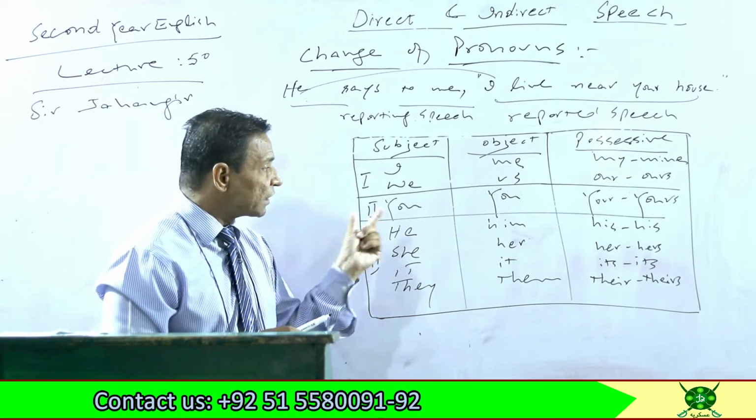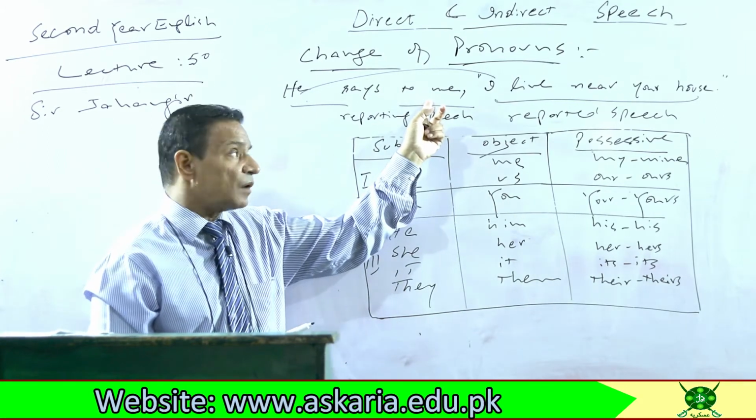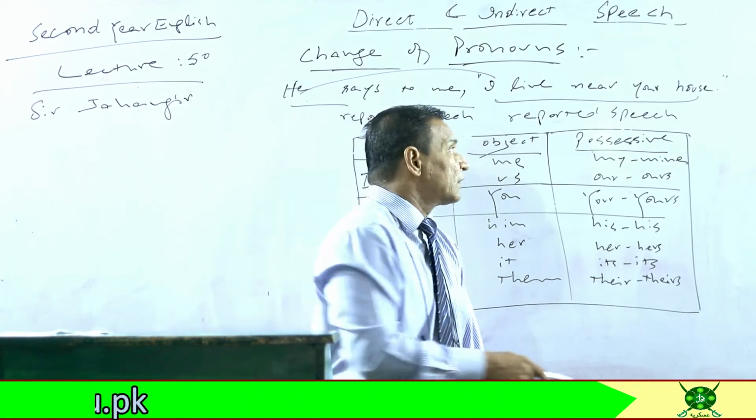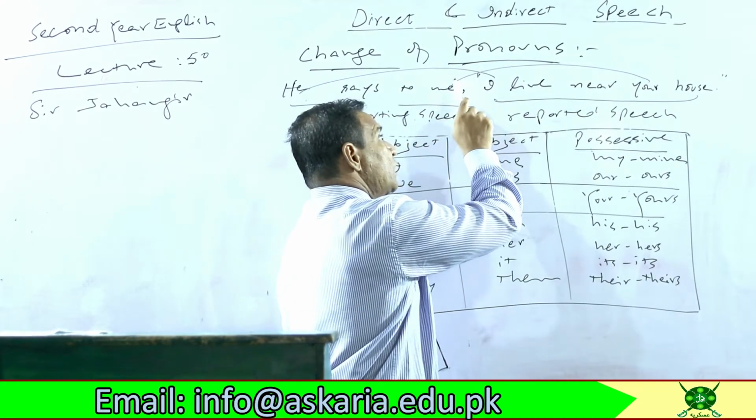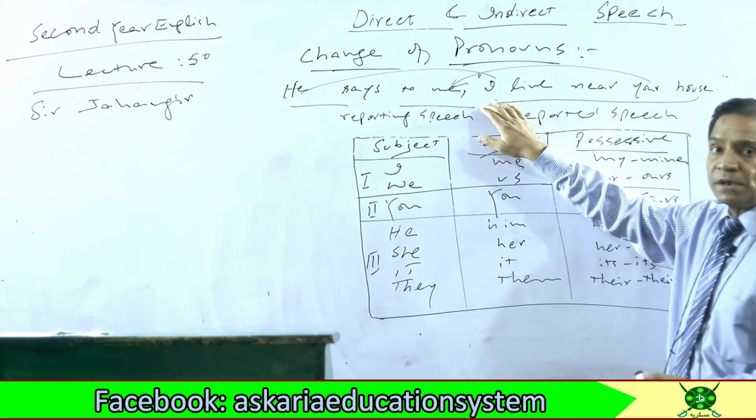Then second person pronouns like you, your, and yours will be changed according to the object of the reporting speech. Look here, we have your, which is a second person pronoun.